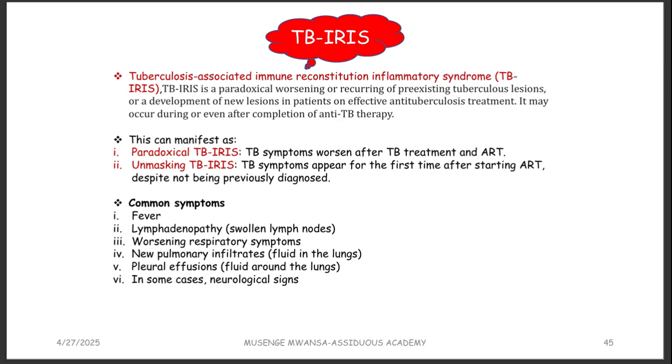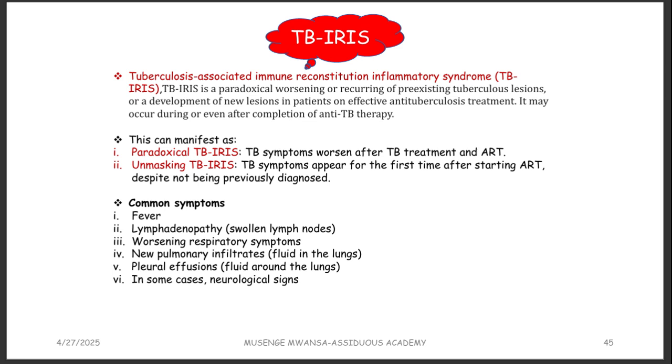So what is happening is this. Someone has got HIV, okay? They might have been treated, so it's either you are treating them for TB or not, but someone has got HIV. Let's say there is this person that has got HIV, you start treating them for HIV. Now for HIV, the CD4 count is low, like the immune system is low.